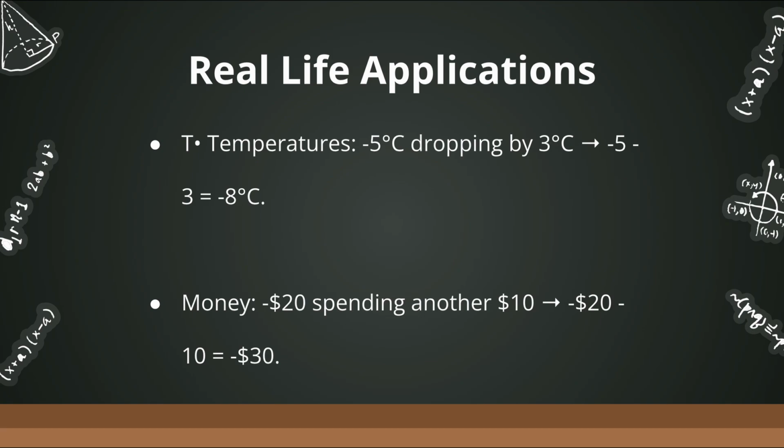It's -5 minus 3, which is -8 degrees. Second example, in money: if your bank account is at -$20 and you spend another $10, you're at -$30. So yeah, that's pretty bad. Math isn't just numbers on the page, it's actually everywhere in our real life.